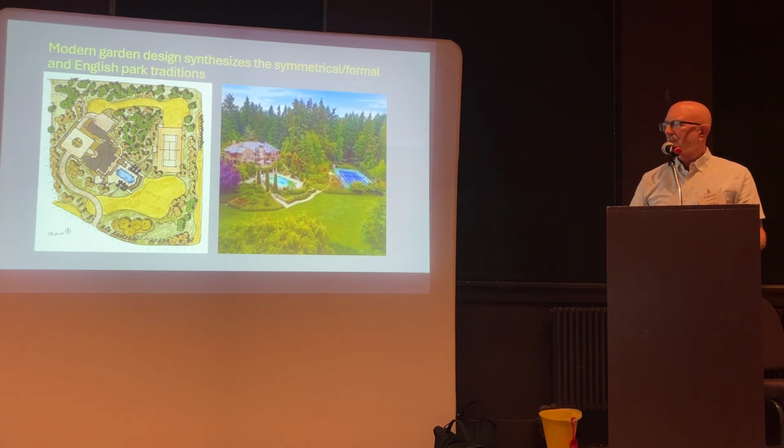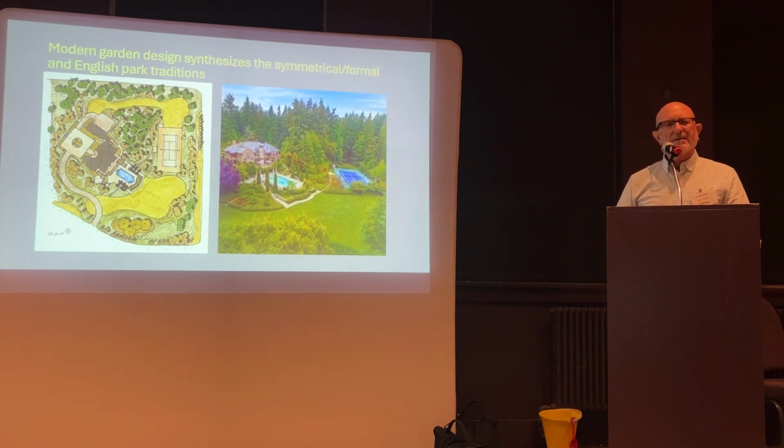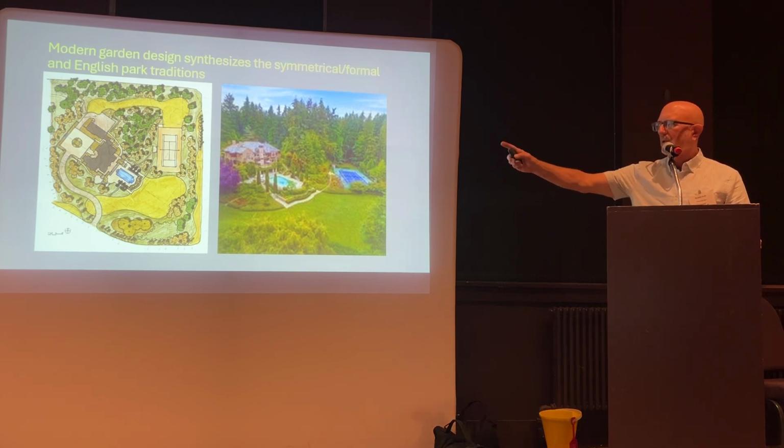Well, this is the largest garden that I ever designed. It's a 3-acre garden in Bellevue. And because the garden was large enough, I was able to incorporate both of those two different approaches to garden design. So there's a really strong axis. You can see the line that goes through the swimming pool, it goes through the house, it becomes the center of the auto court.